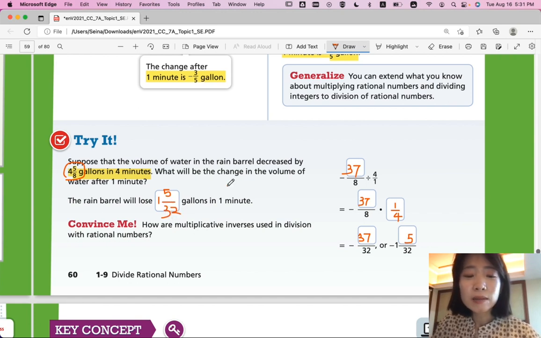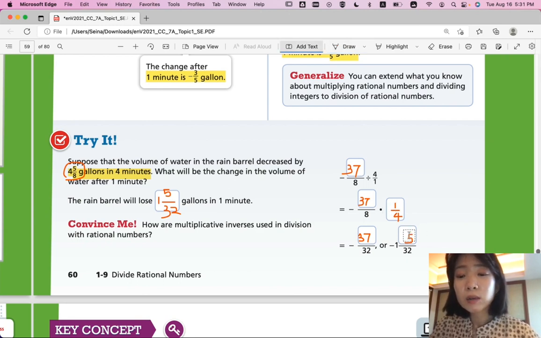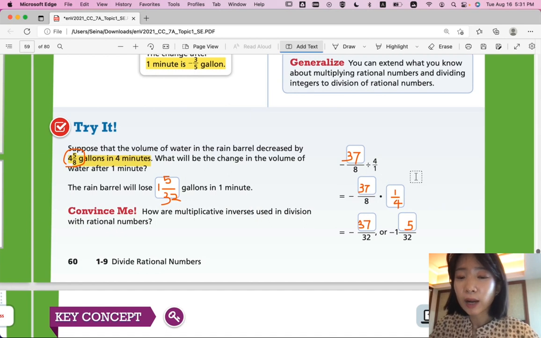How are multiplicative inverses used in division with rational numbers? So how are the reciprocals used in rational numbers? They're very important because when we're dividing rational numbers, we can use the multiplicative inverses, aka the reciprocals, to change the division equation into a multiplication equation.